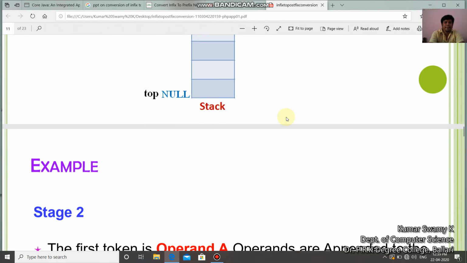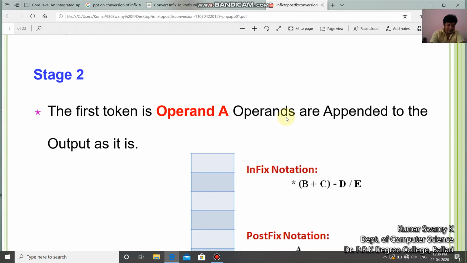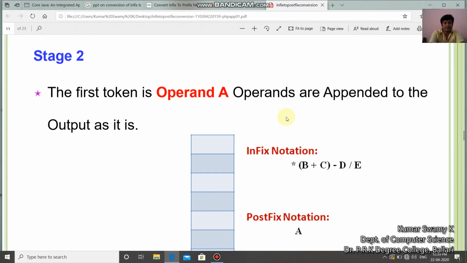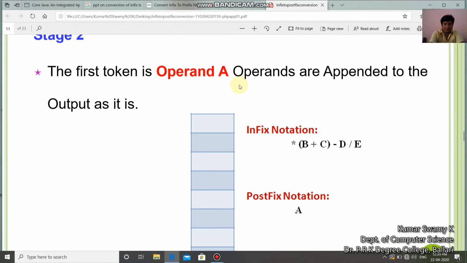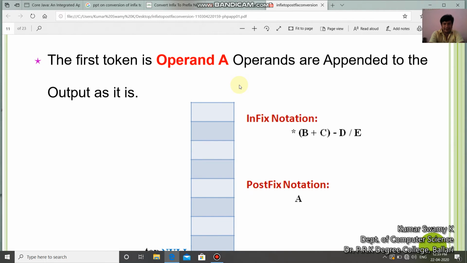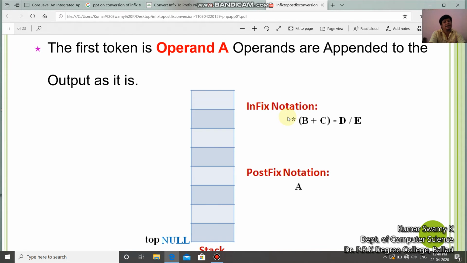Now you have to apply the algorithm. As step 1 says, the first token is operand A. While scanning the infix expression, operand A is encountered, so you have to append it to the output, that is the postfix notation.